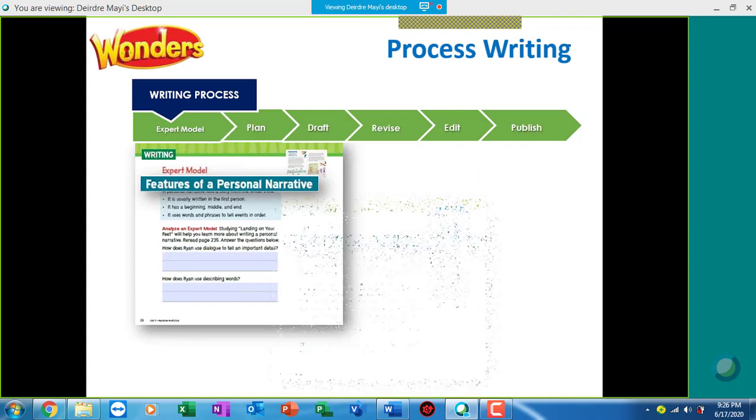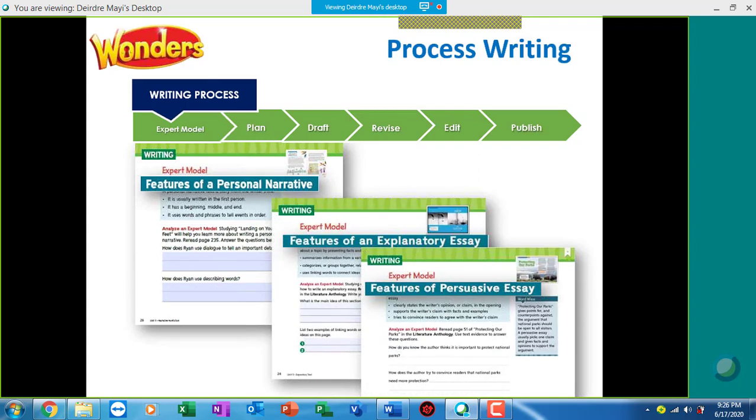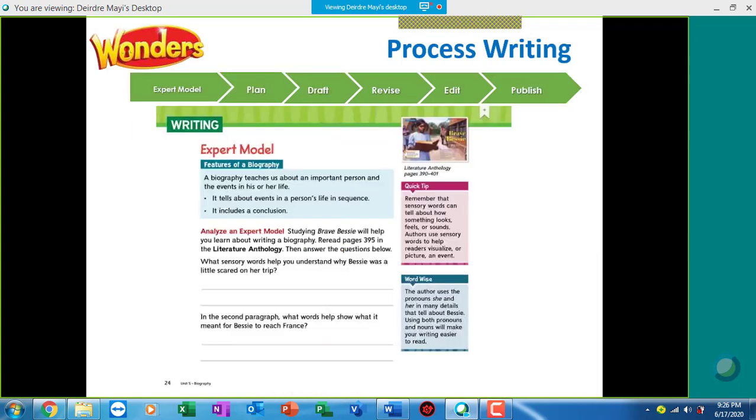So, of course, you're going to see the 3 most important types of writing reflected in this process writing, but you'll also see that we have included some other types of writing. For the week that we're looking at, the students are writing a biography.